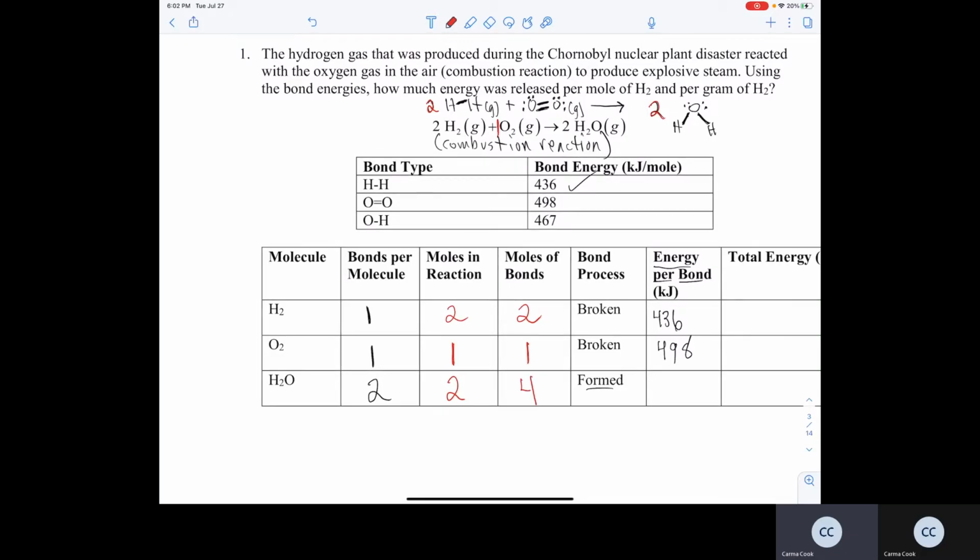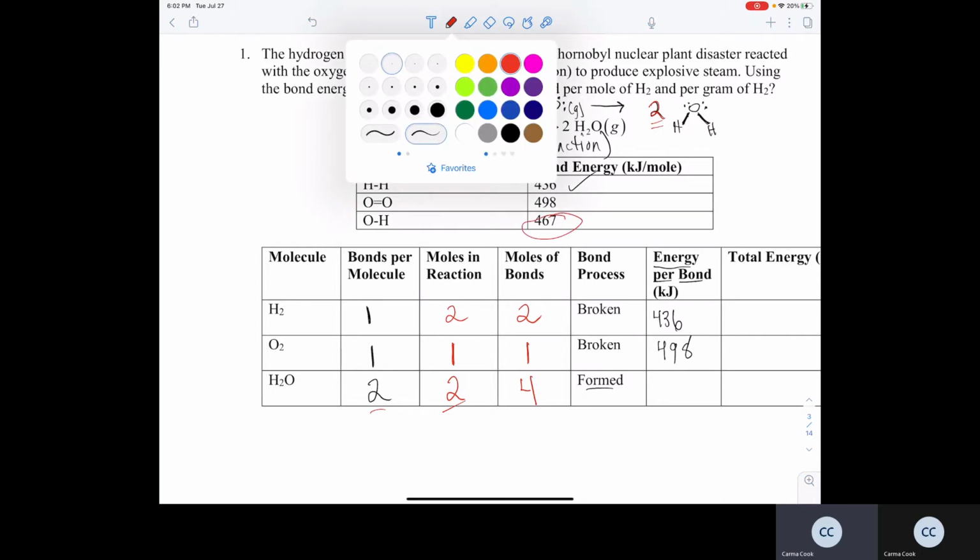Correction, that's 4 moles of bonds, because we've got 2 molecules of water, and in each molecule there are 2 OH single bonds. So that's 2 times 2, which is 4 moles of bonds. And each OH single bond has a bond energy of 467.